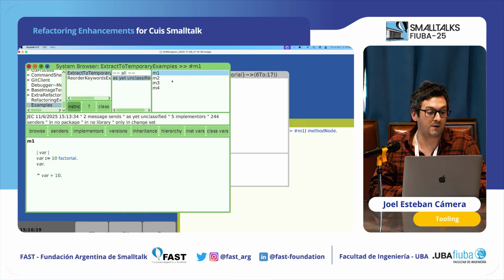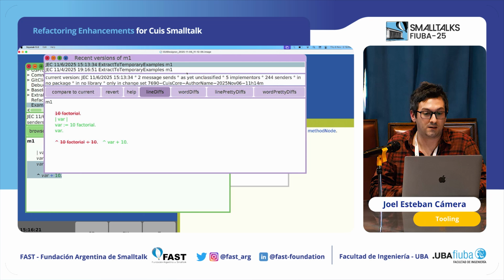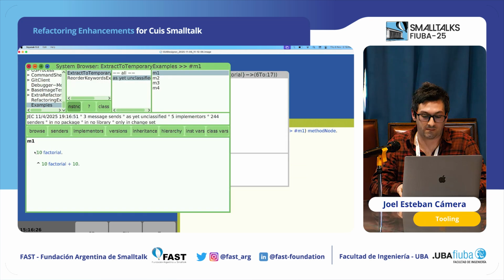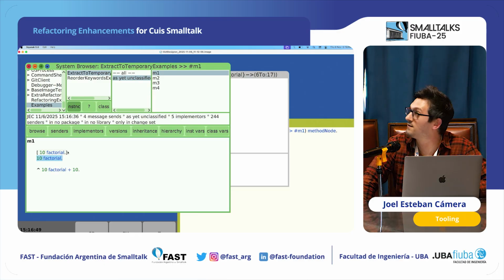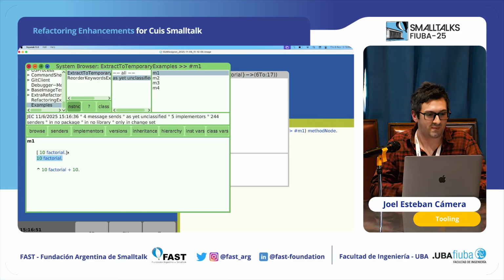So if you have this piece of code, let's say that there are 10 factorial and 10 factorial and this dot. The AST runs like this one and this one and this one and then this one, but doesn't say if you are inside the block or not. So that's a problem that someone has to solve.